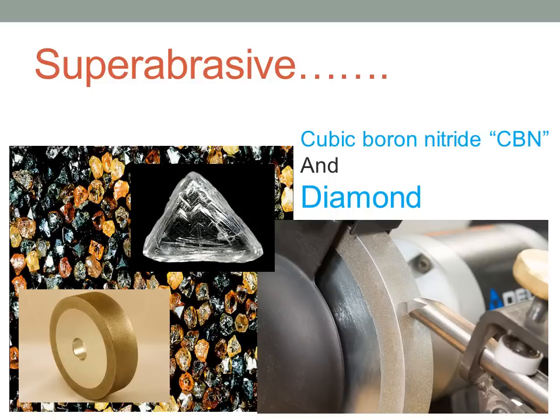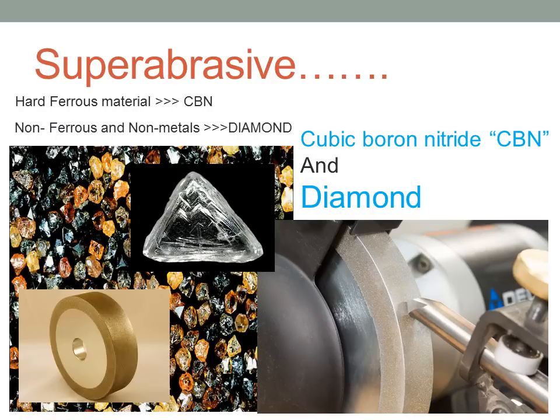For us to know, hard ferrous materials are ground with CBN, while non-ferrous materials and non-metals are best ground with diamond. The grit size of abrasive materials is important to the process. Large, coarse grains remove material faster, while smaller grains produce a thinner finish.